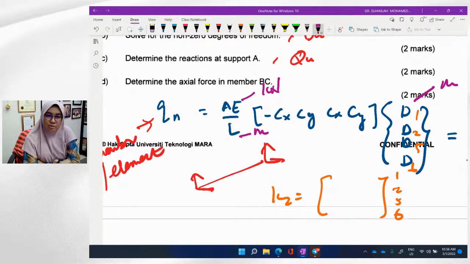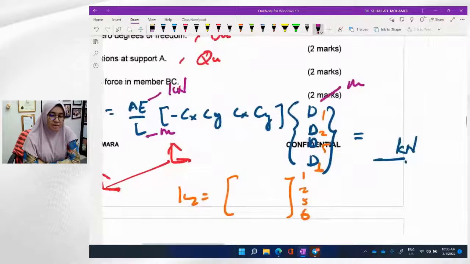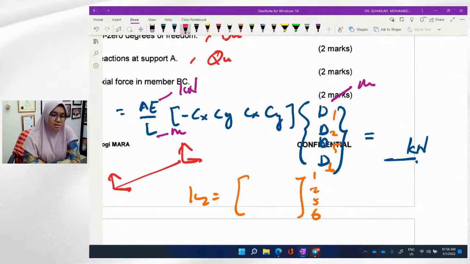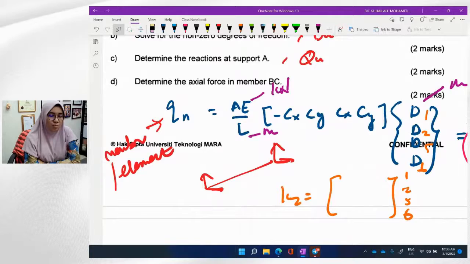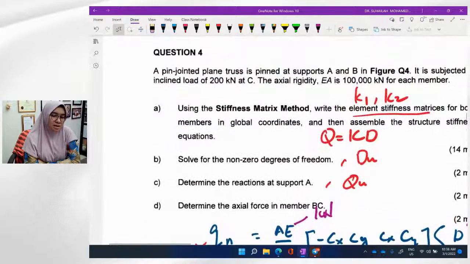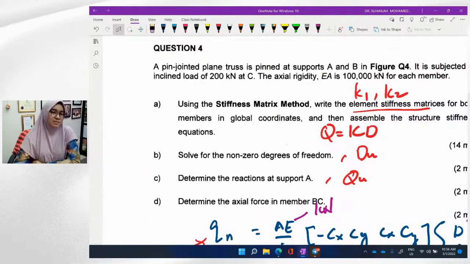CX, CY have no unit. So we cancel meter and meter, and we get the answer in unit kilonewton. So this is how we analyze this question.